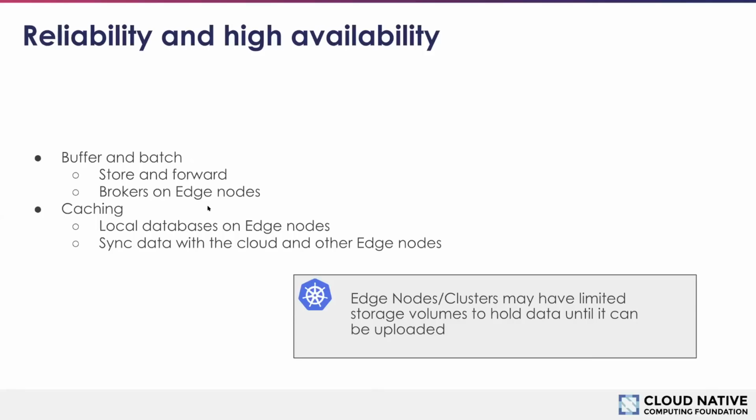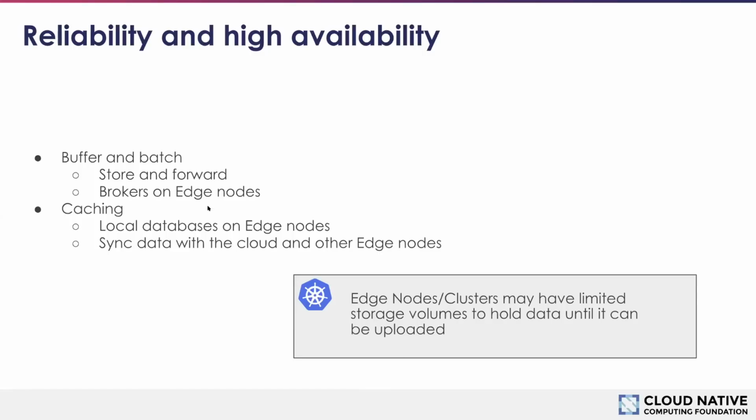Reliability and high availability. Just to remind you, we said that this is one of the main use cases for edge computing: being able to operate in offline mode for prolonged periods of time, and considering that a normal thing. For that, you usually want to be able to store some of the data on the edge sites, and storing data temporarily on the site is a two-way thing.